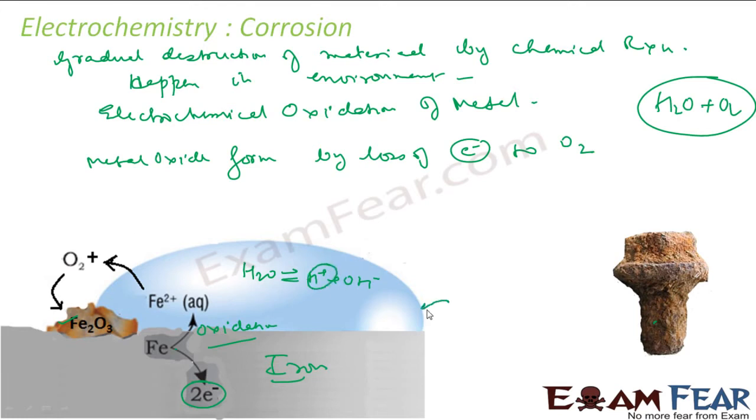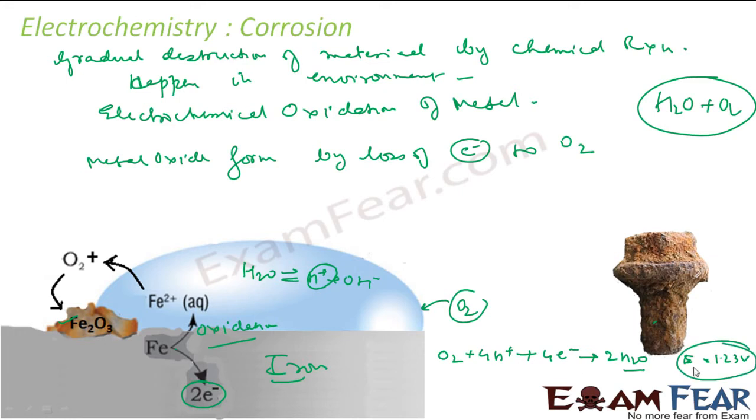These things will combine, and the reaction will be oxygen plus 4H+ plus 4 electrons gives 2H2O. And for this, the E is 1.23 volt. That means it is a spontaneous reaction.